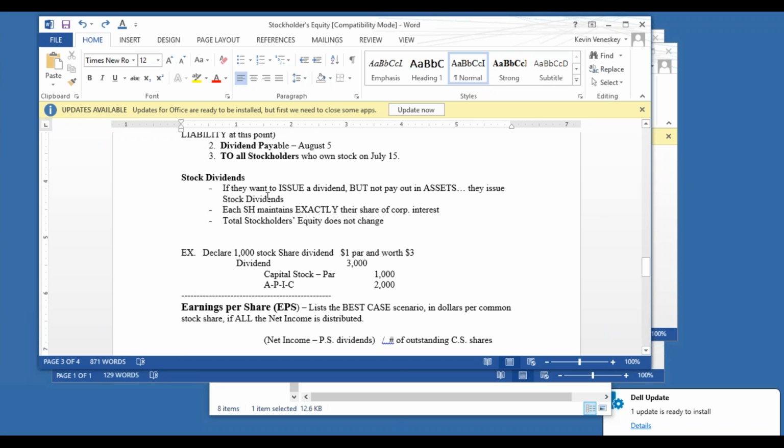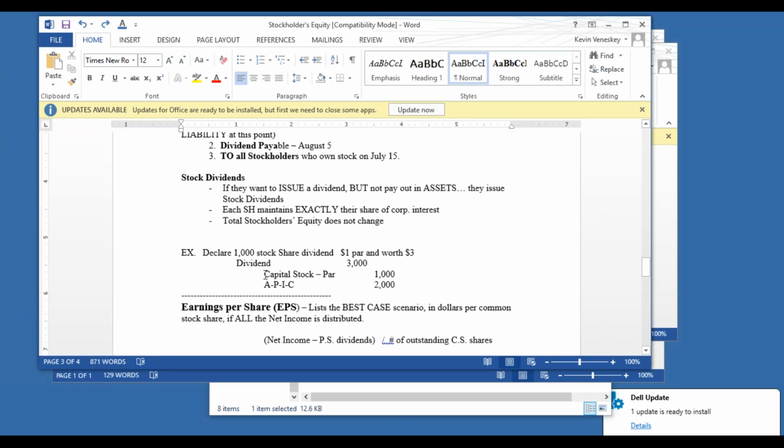Very similar. I wanted to show you what that looks like as a journal entry. If we declare a $1,000 stock dividend, and the stock is $1 par and currently selling for $3 each, the total amount of dividend technically that I'm giving out is $3 apiece times 1,000 shares, so $3,000 in dividends.